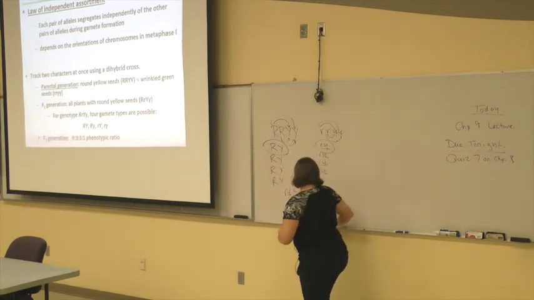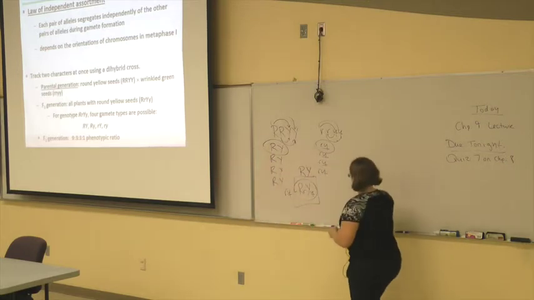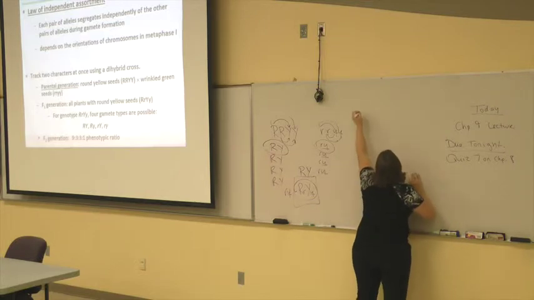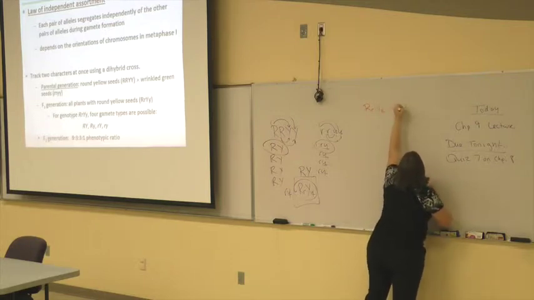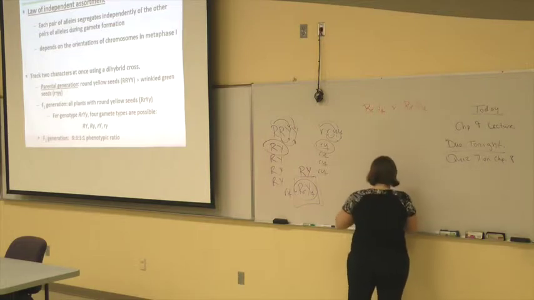Let me go ahead and erase this, or at least I'll move it over here. How about that? We are going to now conduct a big dihybrid cross between a big R, big Y, little y, with another big R, big Y, little y.